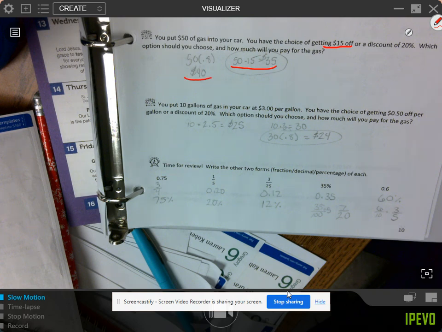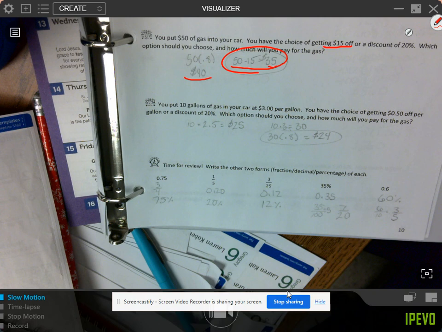And we had to decide which option should you choose? Well, you're going to want to choose the cheaper option, right? We want to pay $35, not $40. So we can use that extra $5 to get something else. So our cheapest option is the $15 coupon. And the second question, how much will you pay for gas? You'll pay $35 for gas. Any questions on that one?